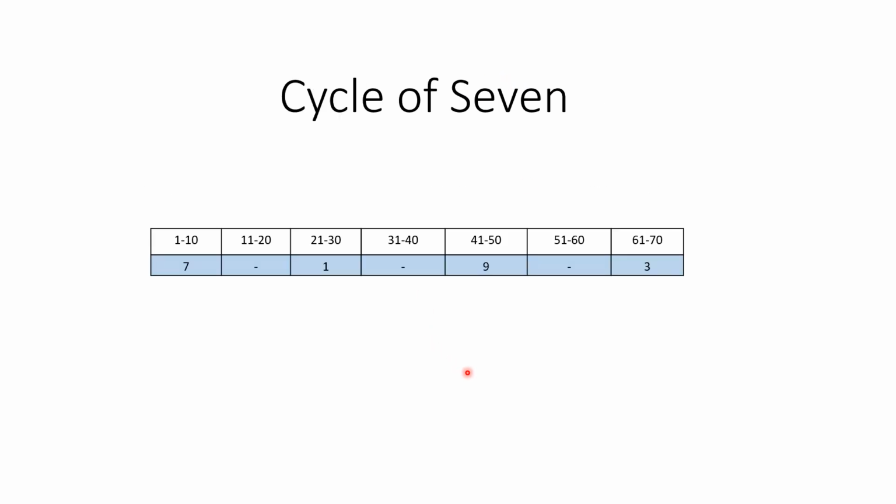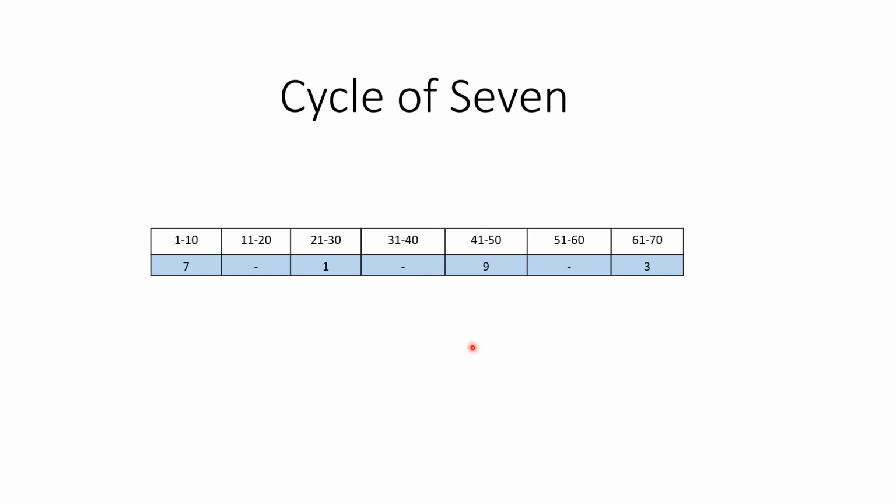Here you have the cycle of 7. And as you can see, it also has 4 numbers that represent numbers that won't be primes in the iterations of 7. As I told you, in the cycle of 3, the 49 was going to be a prime number. But the cycle of 7 has 7 times 7, 49, and it is here.